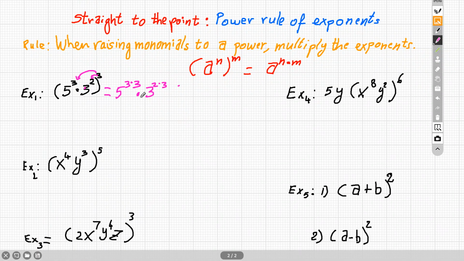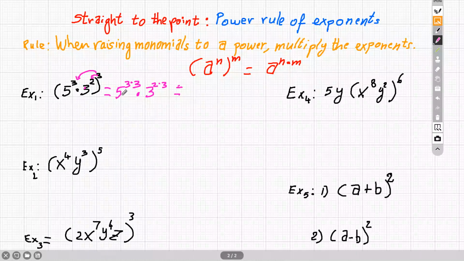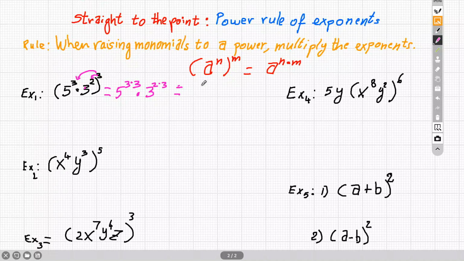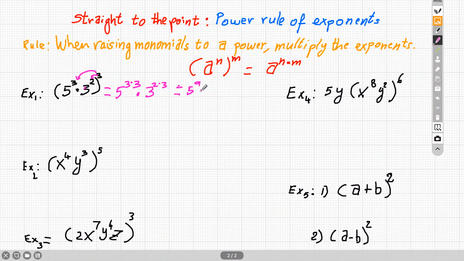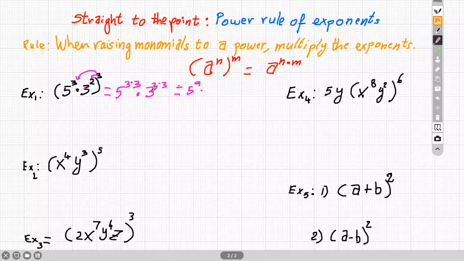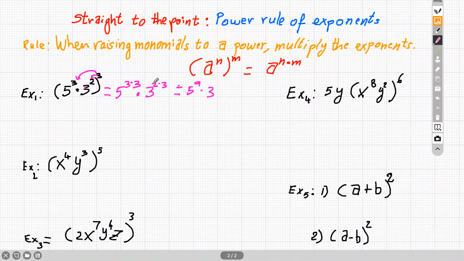So that would give me 5 to the power of 9, 3 times 3 is 9, times 5 to the power of 6, because 2 times 3 is 6.